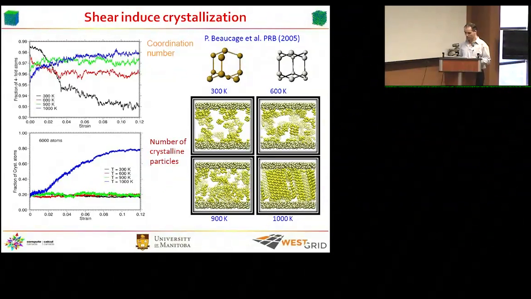which are related to the crystal. In these pictures, for example, at 300, we have just a few atoms with surroundings like in the crystal. When we go to 600, we have more. At 900, we have more. And at 1000 Kelvin, we have maybe 80 or 90% of the system like a crystal.